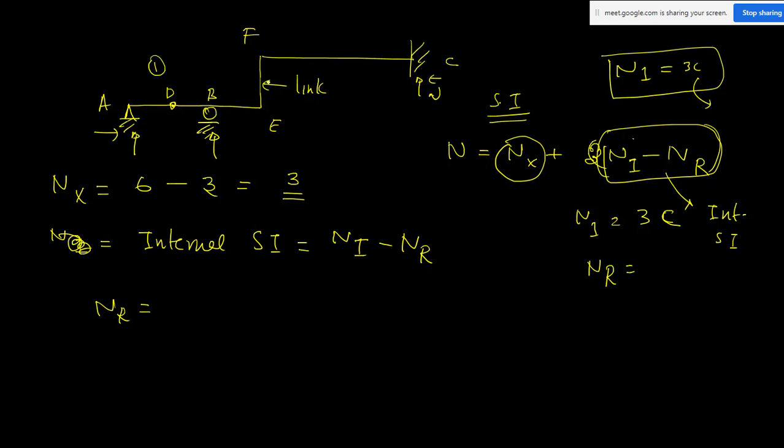At the link I will get another two equations, sigma fx 0 horizontal and sigma m. So in this beam the force release will be 1 from here and 2 from the link, so this will be 3. And ni is 3 times c, where c is the number of closed loops.